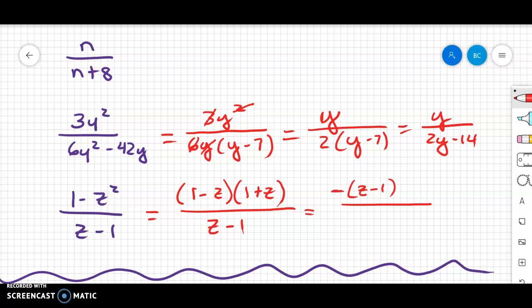Again, I'm factoring out that negative. Then I've got 1 plus z all over z minus 1. Now I can cancel that factor and that factor, and I'm left with negative 1 plus z, which is just negative 1 minus z all over nothing. So that's my simplified expression.